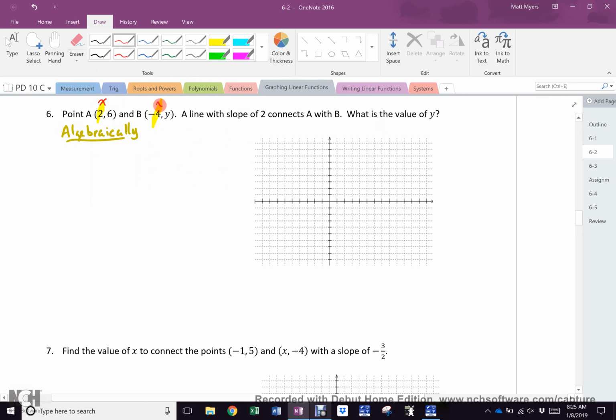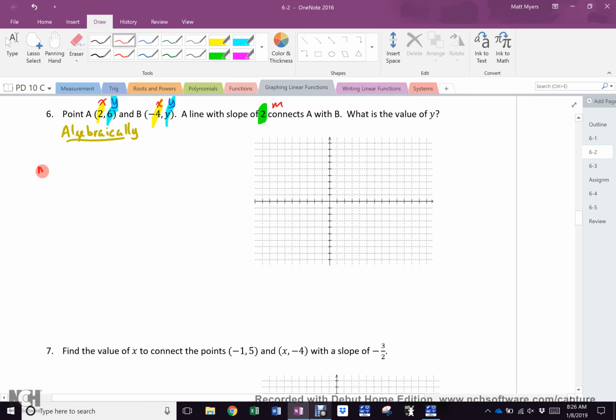Those are x values. What do I see here and here? Those are y values. And what do I see here? An m value. Have we talked about anything that has two x values, two y values, and an m value? No. That only has one x value and one y value.